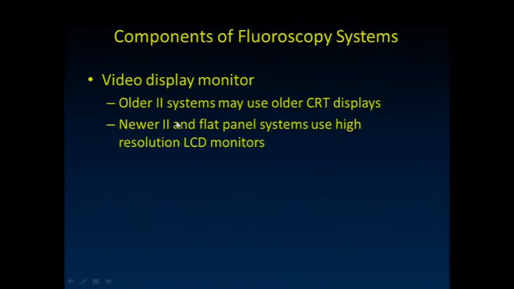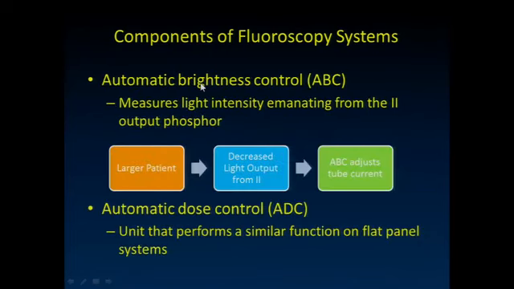But I do want to talk a little bit about the II because it's something that always confuses folks a little bit. On our old fluoro systems with II, we had this automatic brightness control. So if you had a bigger patient, less X-rays made it through them, and so you got less light output on the II. And so the brightness control would increase the tube current so that the number of X-rays that made it through the patient were increased, and the brightness of the image would stay about the same.